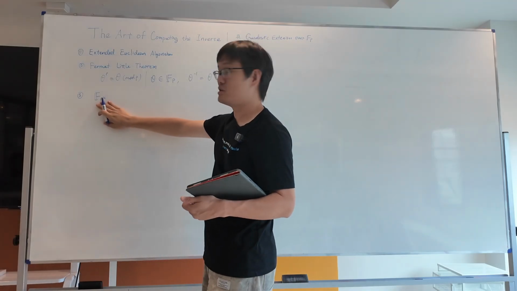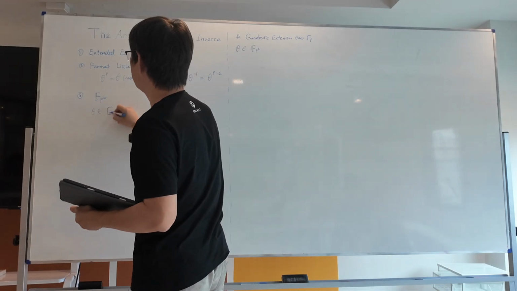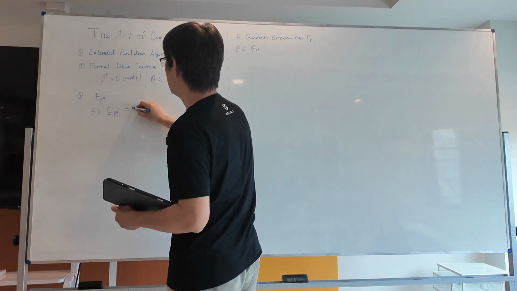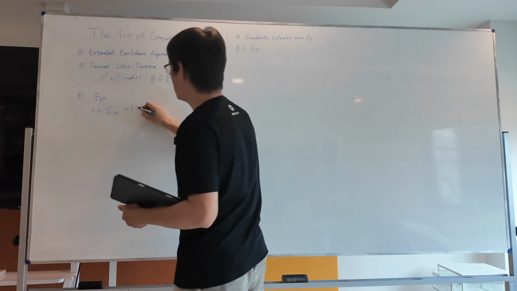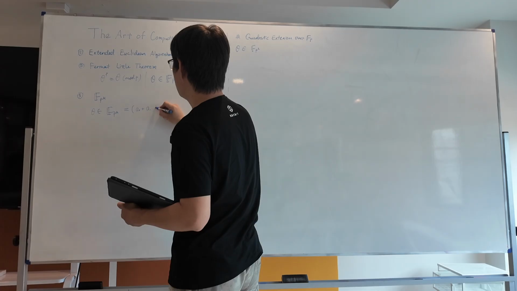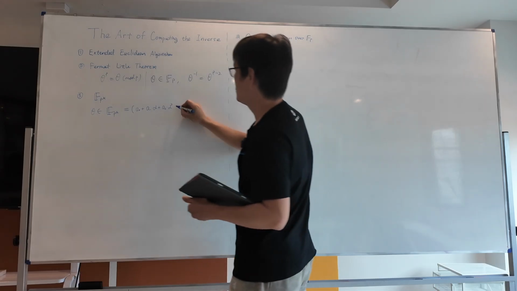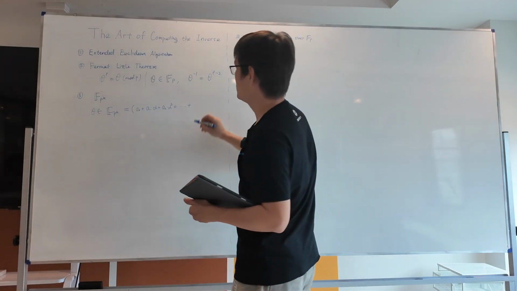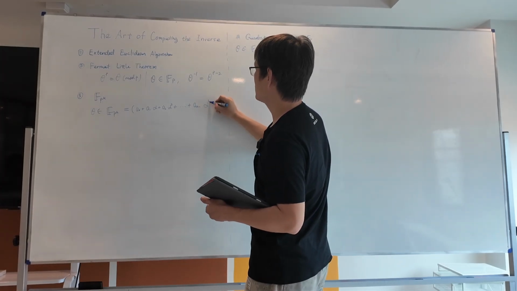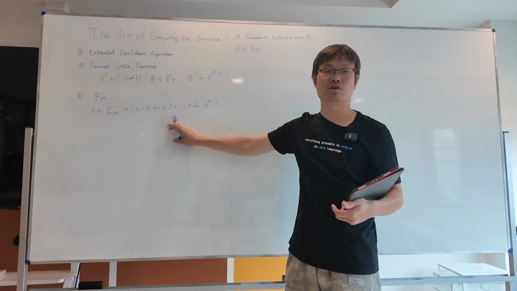For some general extension field F_p^k, some theta from F_p^k can be rewritten as a polynomial like a0 plus a1 times alpha plus a2 times alpha squared plus up to a_{k-1} times alpha^{k-1}. So theta can be represented as a polynomial.